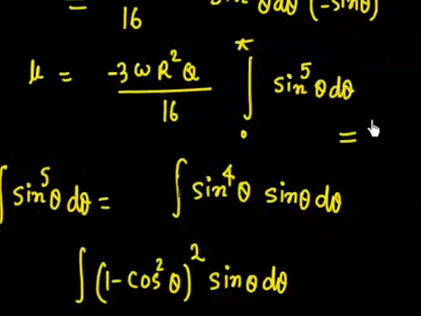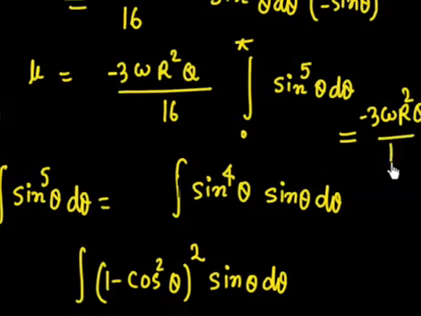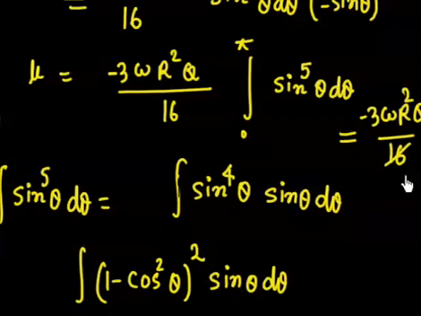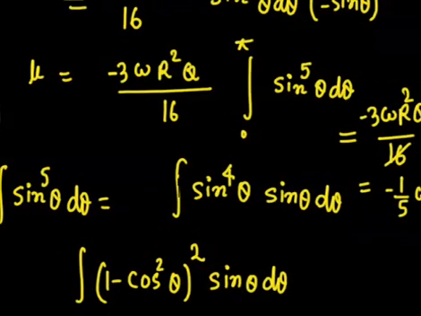So this is minus 3 omega r square cube divided by 16 by 15. So the integration limit is 16 by 15. So what will we have? This 16 goes, so we will have minus 3 by 5 and 3 by 15, so 1 by 5. So this is simply minus 1 by 5 omega r square cube.